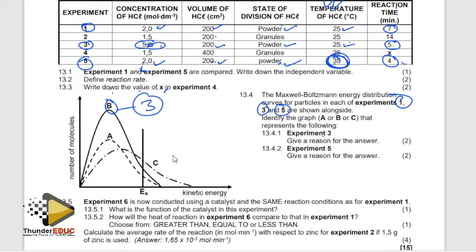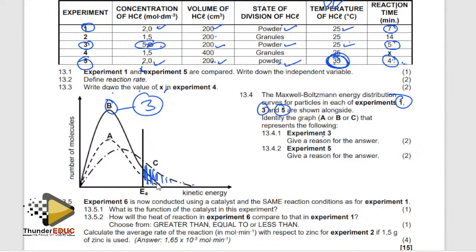What is experiment 5? Experiment 5, what is different? It has the fastest rate. You see? Meaning that it has a high number of particles which are colliding, in other words. So if you look at this, then automatically this is going to have the highest number of particles. You see? These are the particles with sufficient energy.